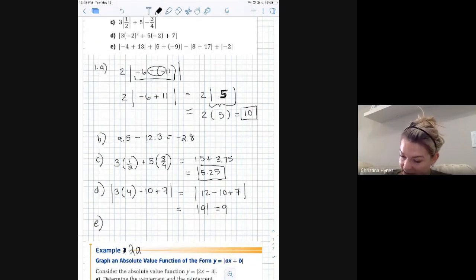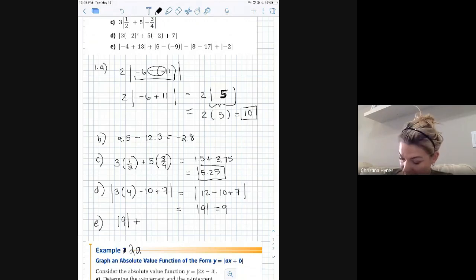And then for E, what you just want to do is do each absolute one at a time, and then add up all the answers or subtract the answers depending on what sign is in between. For example, negative 4 plus 13 is 9. The absolute of 9 won't change. It's still going to be 9. So I'll write that now, but I know it's going to be 9 in the end.